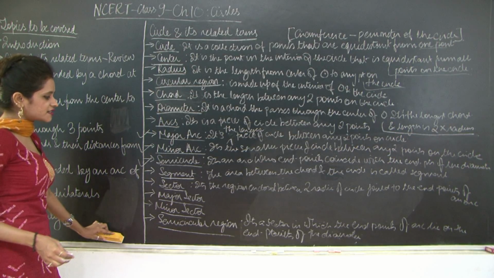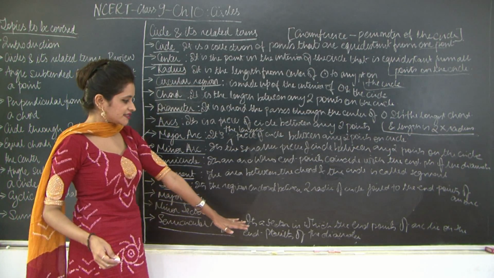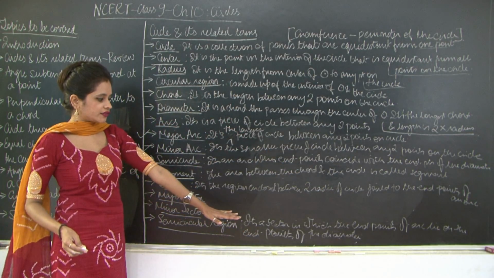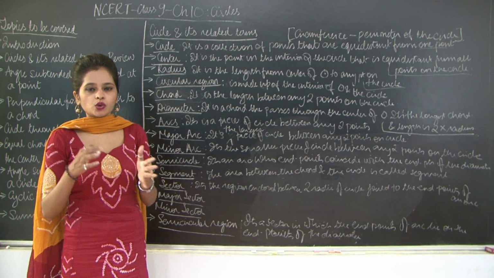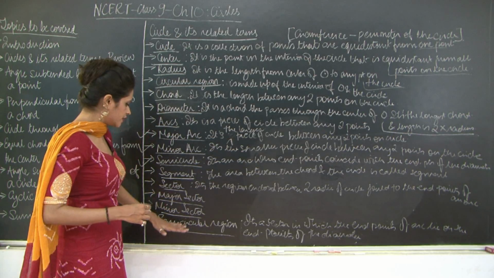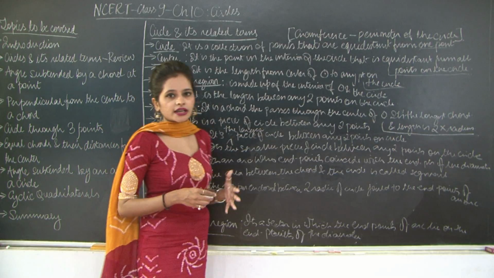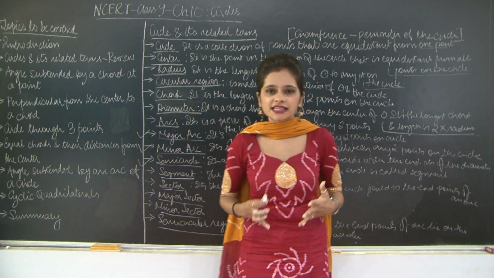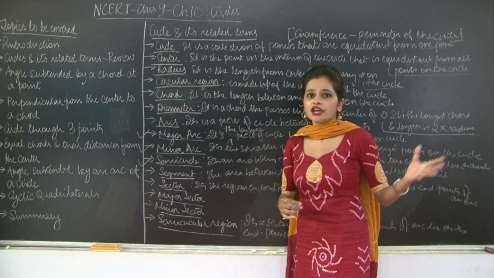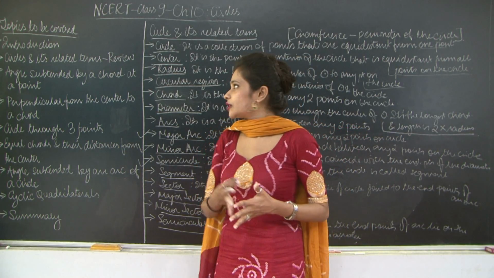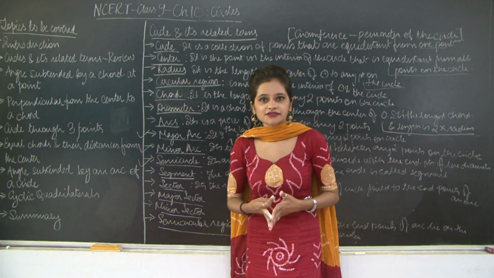And finally semicircle, if we have a sector in which the endpoints of the arc lie on the endpoints of the diameter, then we get two equal regions, and each equal region is known as the semicircular region. So this was about the circle and its related terms. These were the basic points that we need to learn about circles in order to get started with a full-fledged study about circles. So let's continue with the remaining topics in the next video.